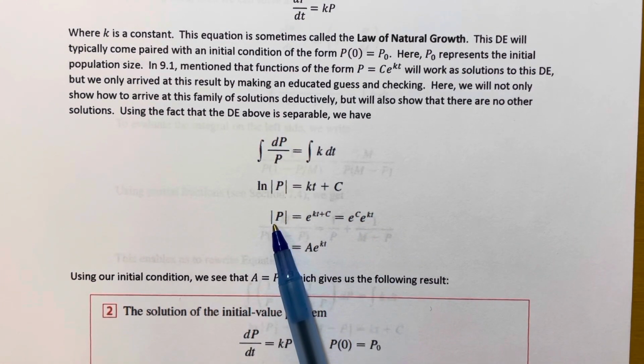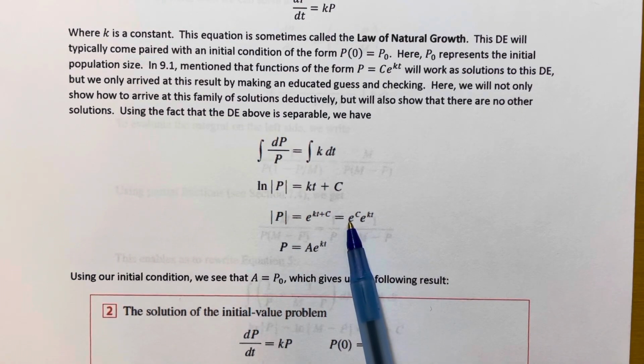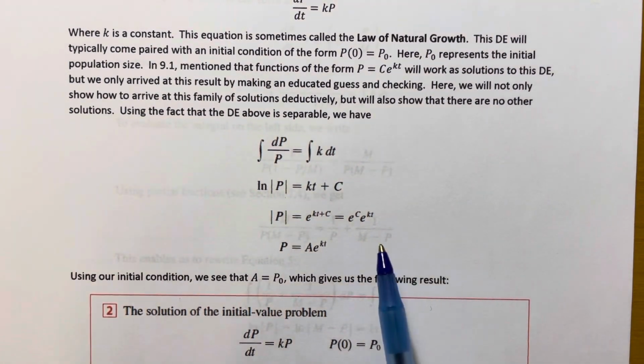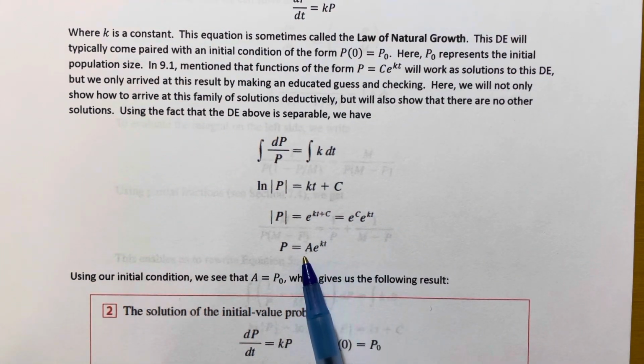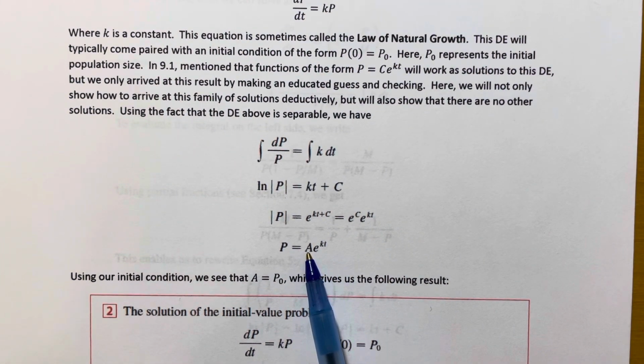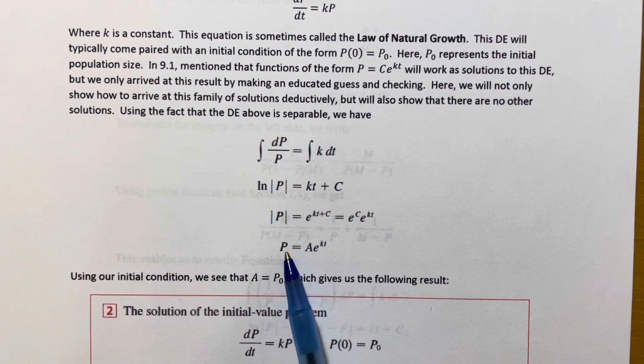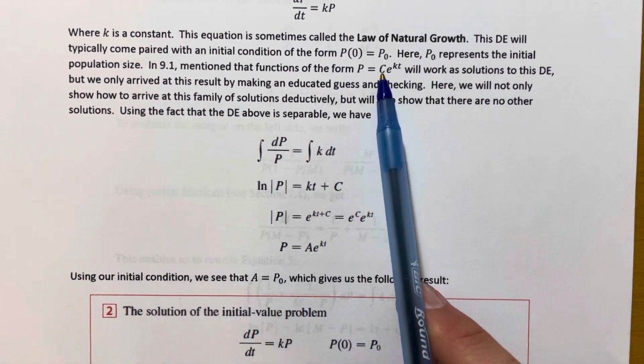But again, that e^C is just some arbitrary constant, and putting a plus or minus here is just turning that arbitrary constant into some potentially different arbitrary constant. So all of that together, we're going to call that A instead of the plus or minus e^C there. It's just simpler that way. And then the e^(kt) will stay put. So P is equal to Ae^(kt), which is essentially the form that this takes.